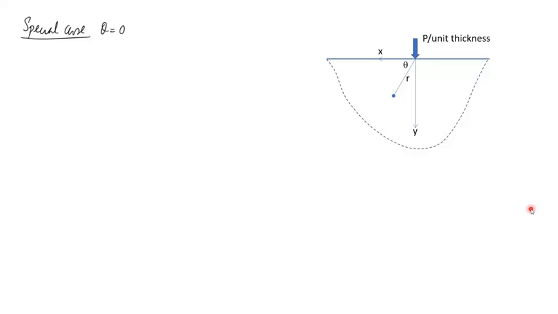Now let us look at the special case when Q is 0, there is only one vertical line load as shown here. In this case, the stress component sigma rr will be minus 2P upon pi r sine theta. You consider a point as shown here, r theta, and draw a circle passing through this point and the point of load application as shown here.